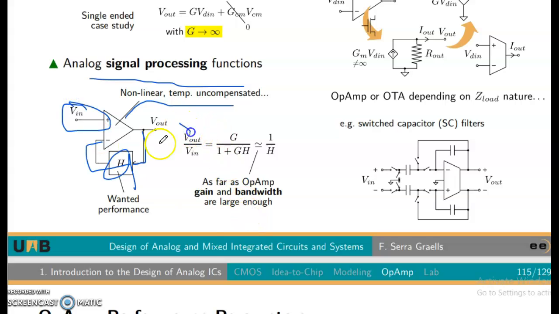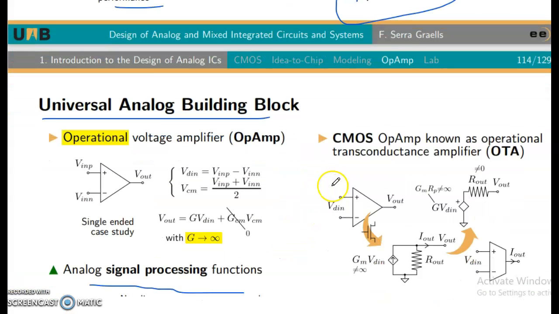Here V out divided by V in equals G divided by 1 plus GH, so approximately 1 by H, as long as the op-amp gain and bandwidth are large enough.